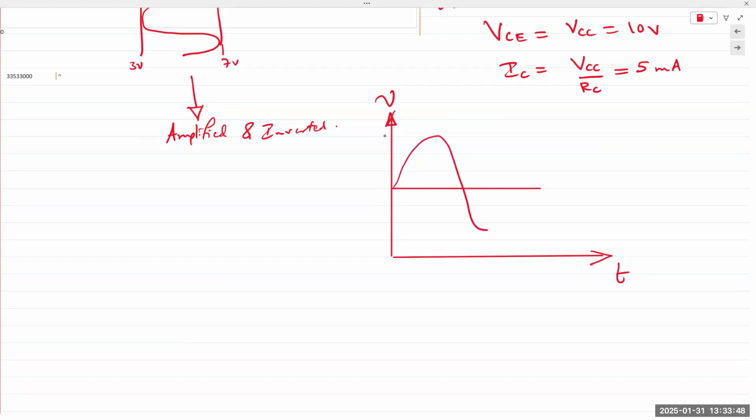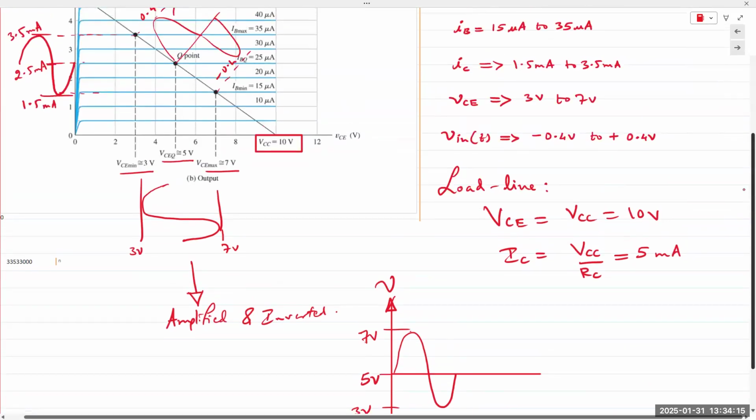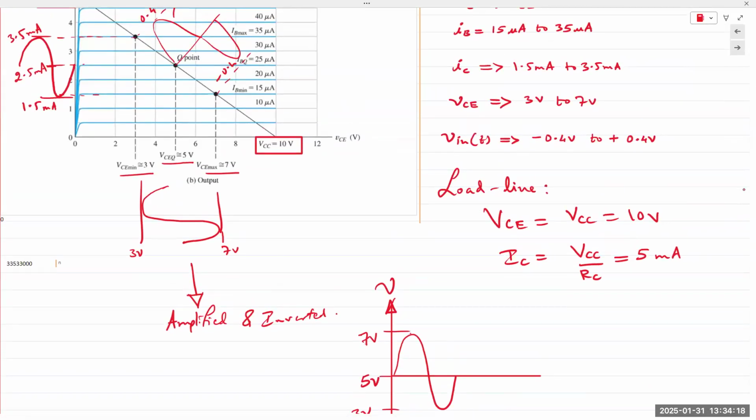The voltage waveform would be here, actually, at 5 volts, not at 0 volts. This would be here, 3 volts, and here, 7 volts. So my output waveform is also clamped. It has a DC component. So it's clamped at 5 volts. Does that make sense?